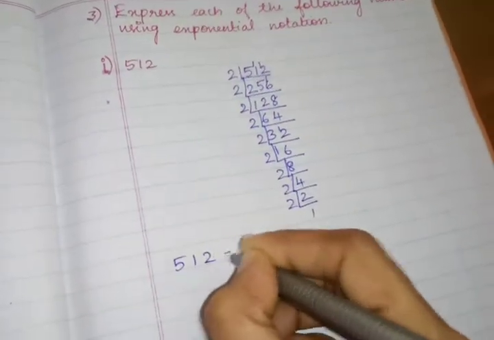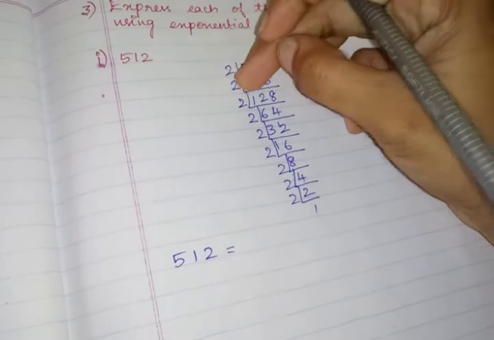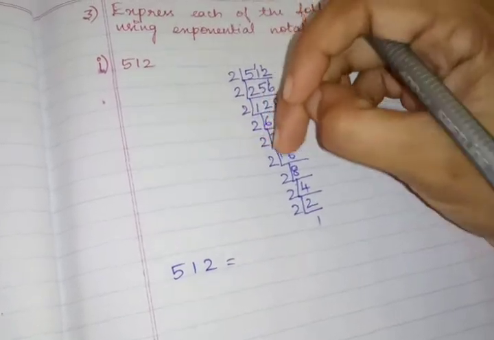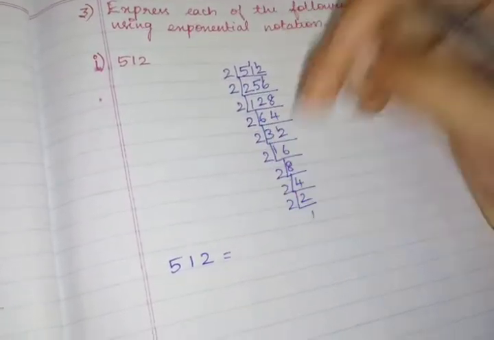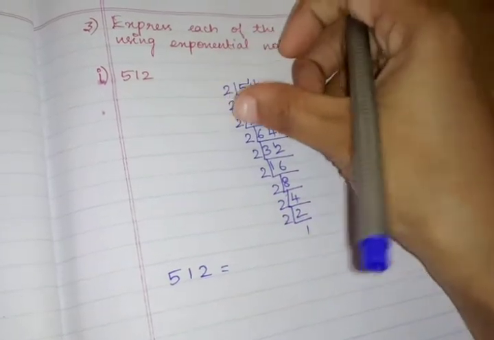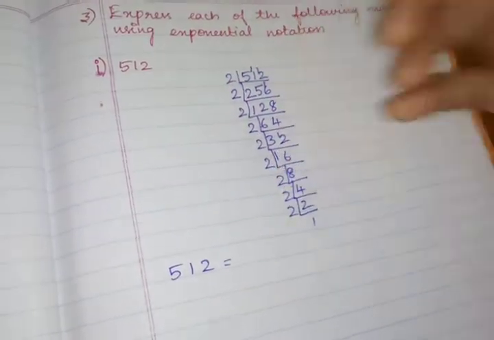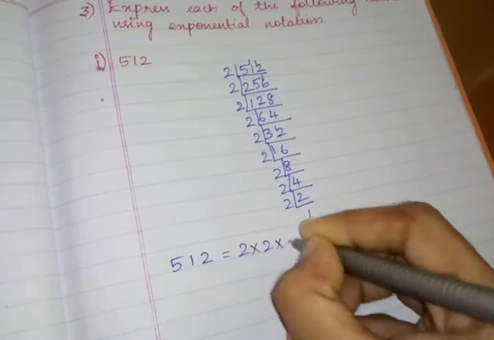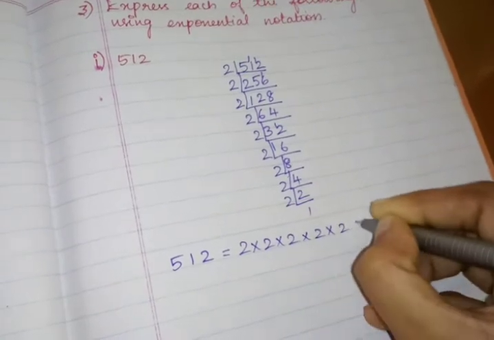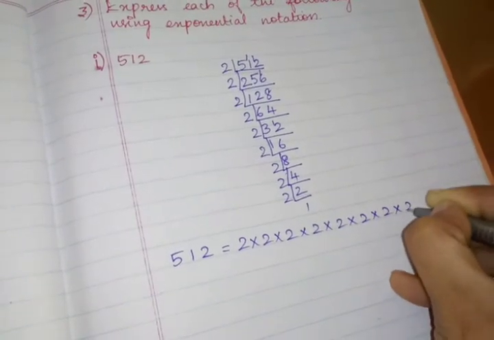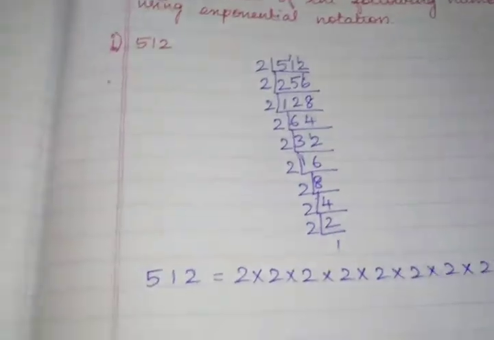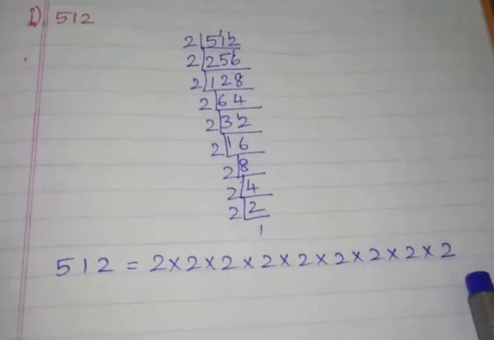I will write this 512 as 2 into 2 into 2 into 2 into 2 into 2 into 2 into 2 into 2. Okay, so how many 2s are there? 1, 2, 3, 4, 5, 6, 7, 8, 9. I have just written 512 as a product of these numbers.